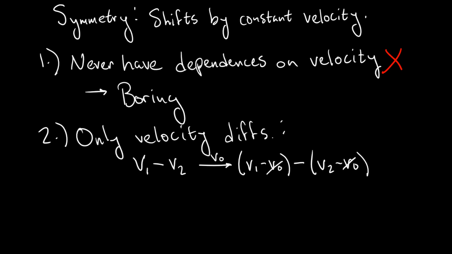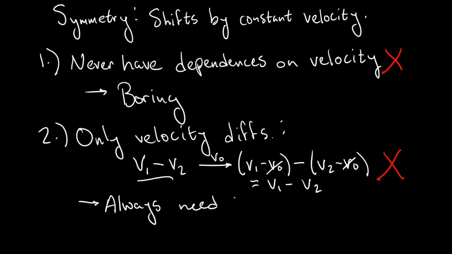These two things cancel, and I end up exactly where I started. Okay, so this looks promising. We can have motion in our systems. But again, I'm going to give this a red X. Mainly because of the fact that in this case, we always need at least two velocities.